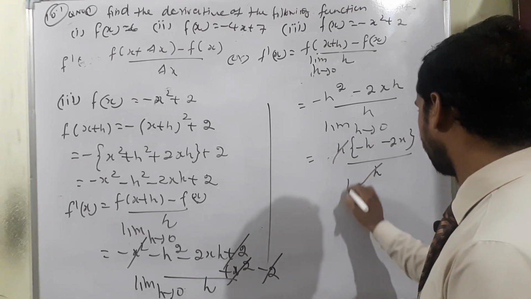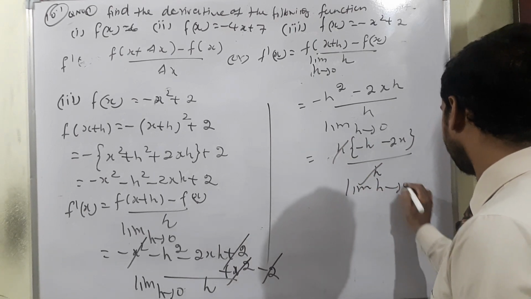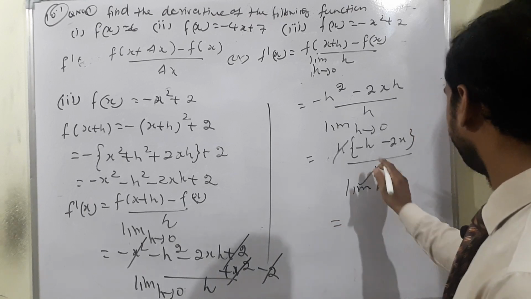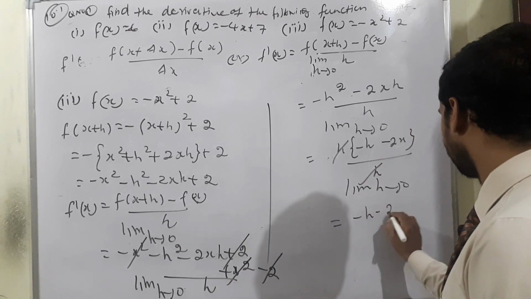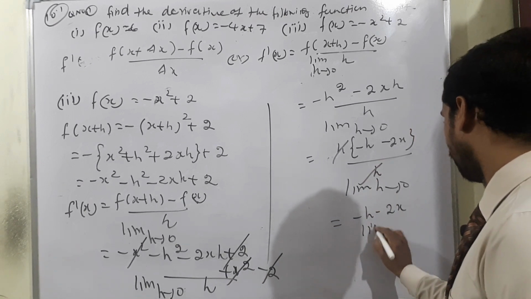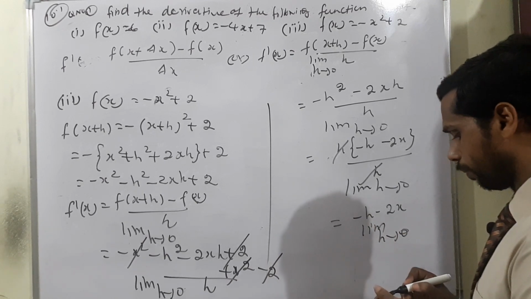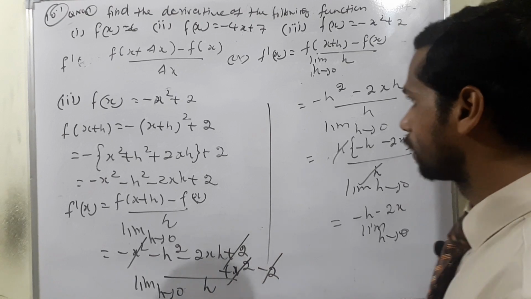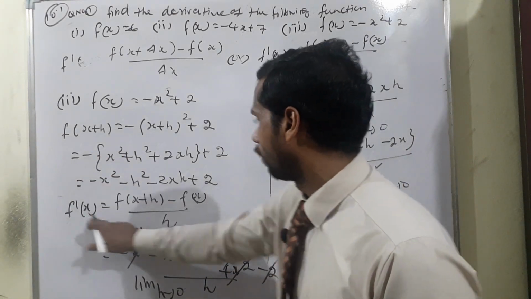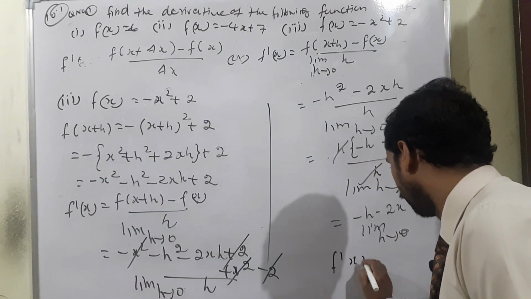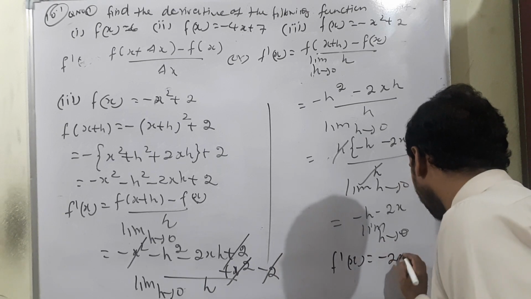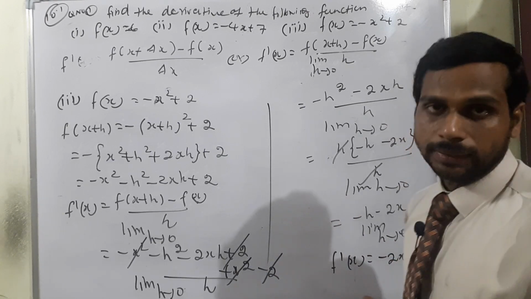Again h cancels, with the limit h tends to 0. So the remaining balance is minus h minus 2x, limit h tends to 0. Instead of h apply 0, which gives the first principle value, that is f dash of x is equal to only minus 2x. That is your answer for subdivision 3.